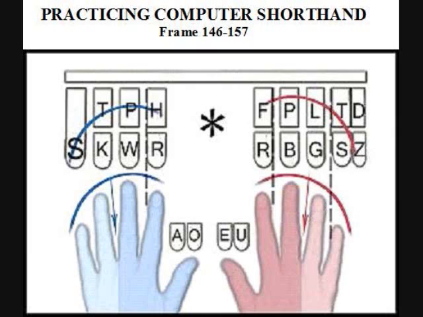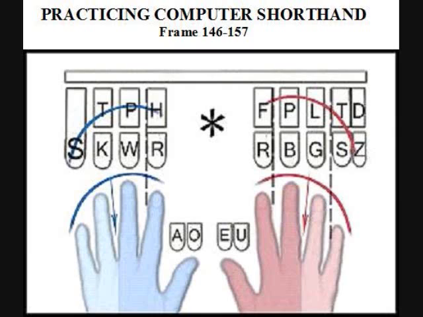I find that easiest because I'm right-handed. If you're left-handed, you may not like that as well. So, for instance, in the word pearl, I would write that P-I-R-L, but if you're left-handed, you may prefer to write it P-A-E-R-L. So that's just a note that's going to apply to a few of the subsequent frames that we're covering.